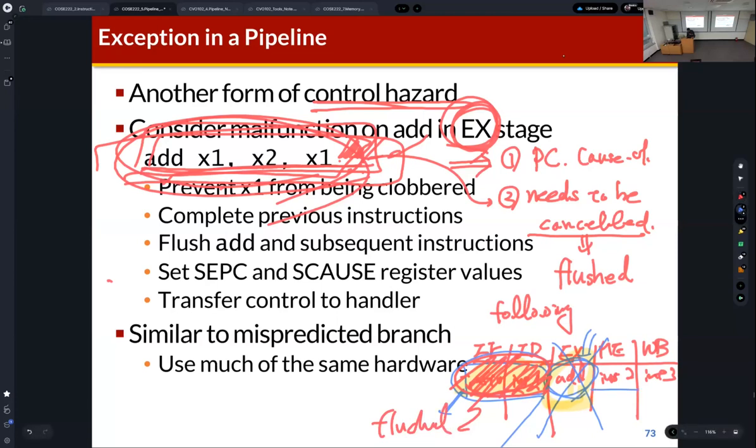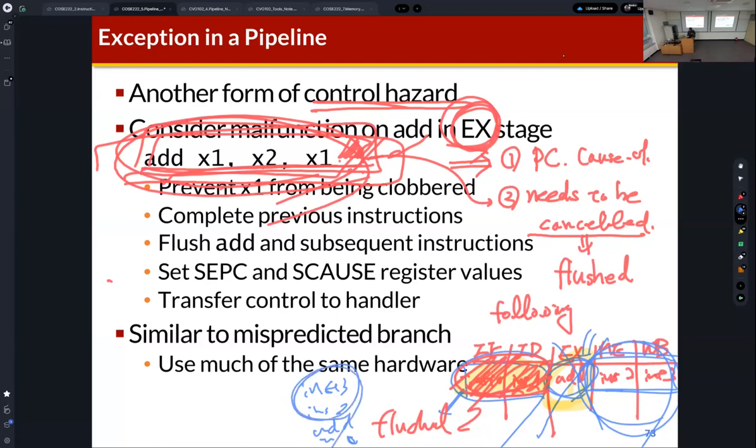Then how about these instructions, the former instructions, like instruction 2 and instruction 3? These instructions are normal instructions, right? The correct instructions. You understand? So actually, inst2 and inst3 are ahead, with the add here and then inst1 here.